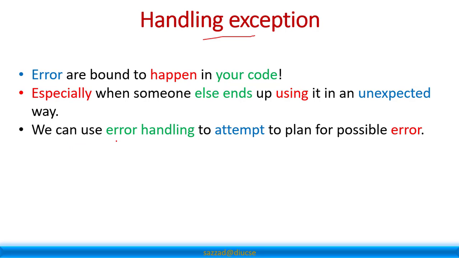We can use error handling to plan for the possible errors. We can say what kind of error happens, and what the correction or solution for the error is. This is what is called exception handling.